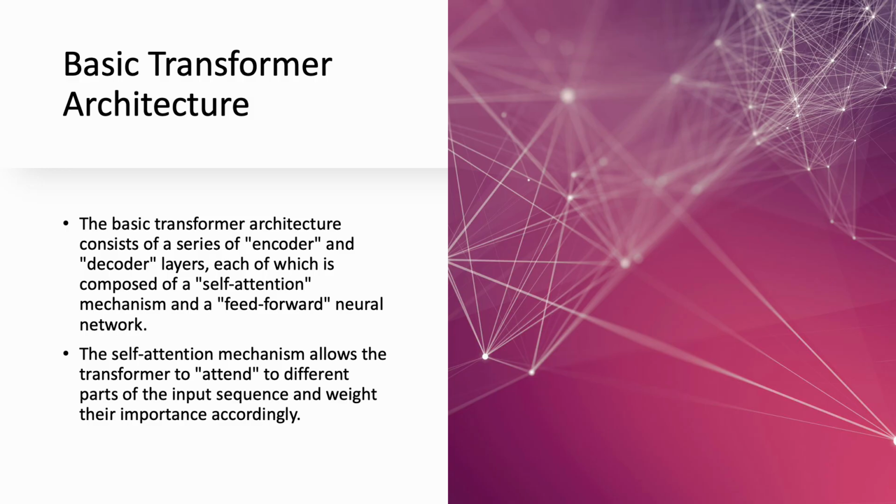So the basic transformer architecture consists of a series of encoder and decoder layers, as we have been discussing in earlier lectures, each of which is composed of a self-attention mechanism and a feed-forward neural network. The self-attention mechanism permits the transformers to attend to different parts of the input sequence and weight their importance accordingly.